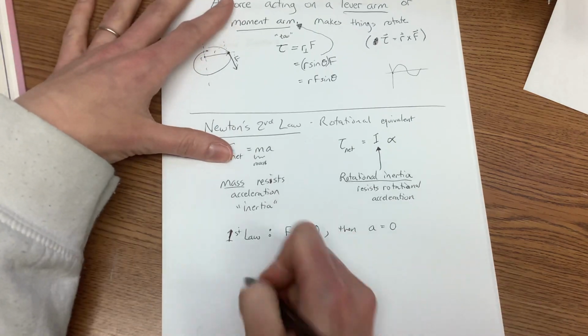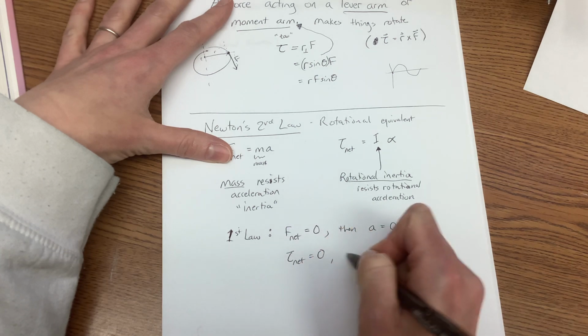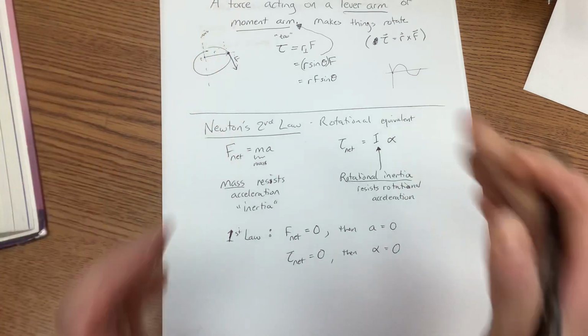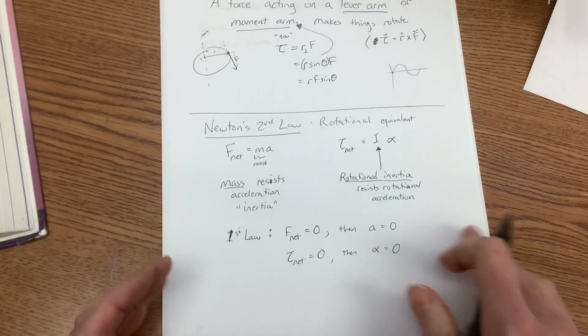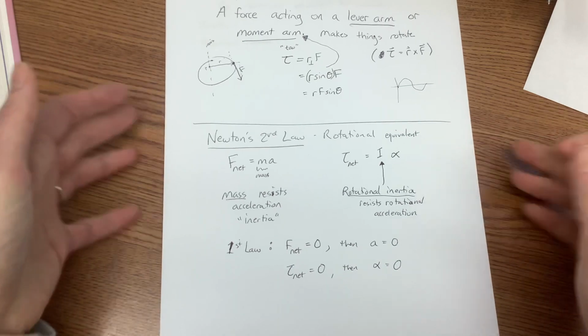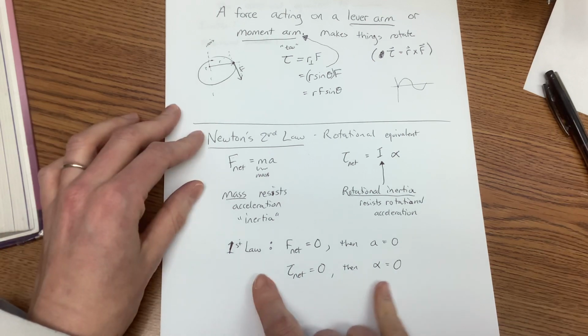Similarly, if torque net equals 0, then the object doesn't accelerate as it's rotating. It might be rotating at a constant speed, or not rotating at all, but it's not going to change. So these have some very similar things.